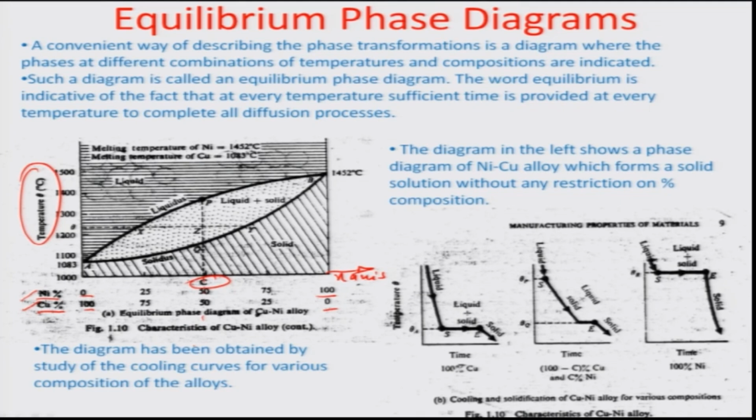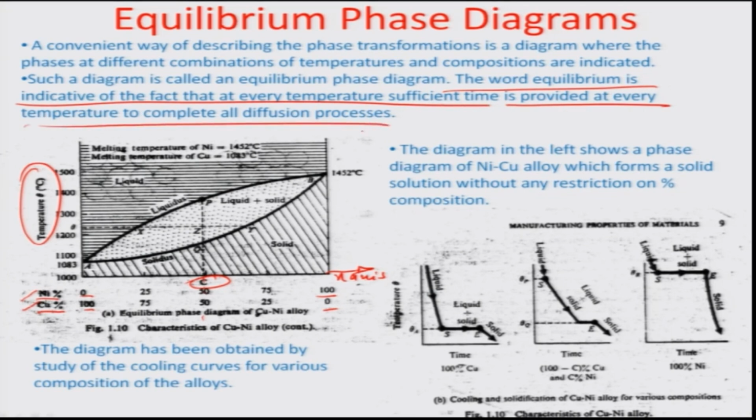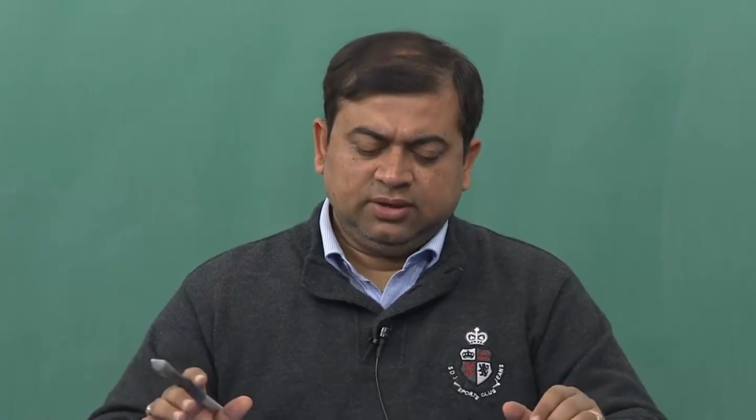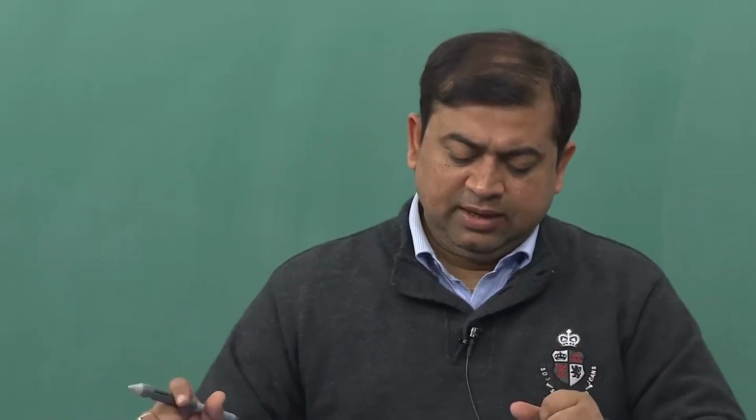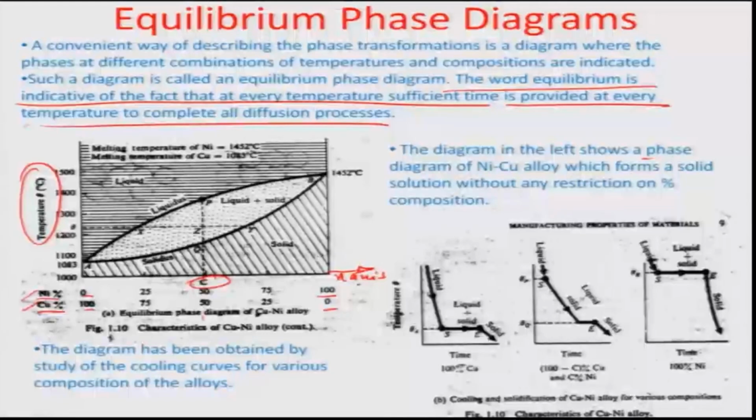The word equilibrium particularly is indicative of the fact that at every temperature sufficient time is provided so that you can complete all the mechanical slow diffusion driven processes and the material has come to a stable or equilibrated state. So you have enough time that you are allowing at these points. The diagram on the left shows a phase diagram of the nickel copper alloy.